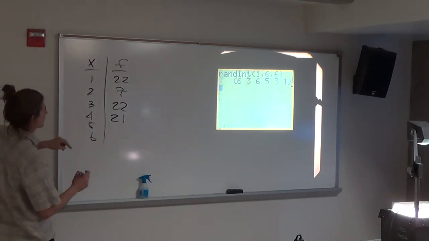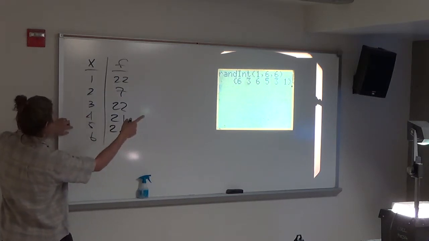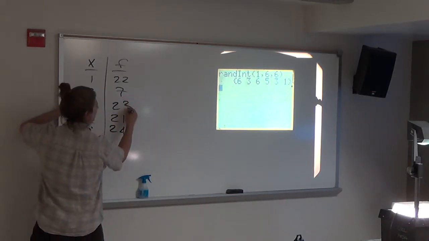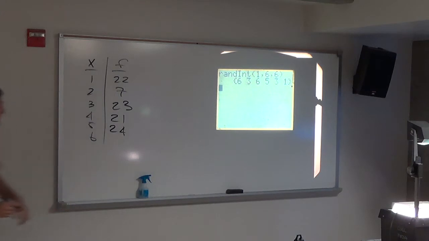I just realized I'm not counting mine. 24, I had 3, so it should be 23, and I had no 4s. 6s, I got 2, 3, 4, 5, 6, 7, 8, 9, 10, 11, 12, 13, 14, 15, 16, 17, 18, 19, 21, 22, 23, 24.